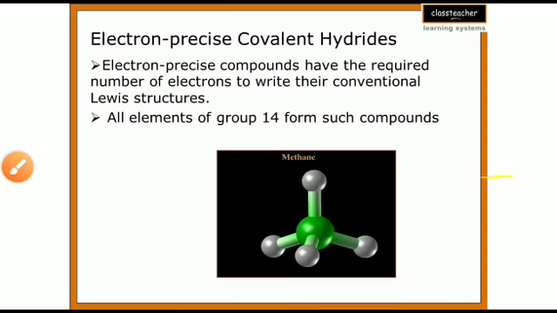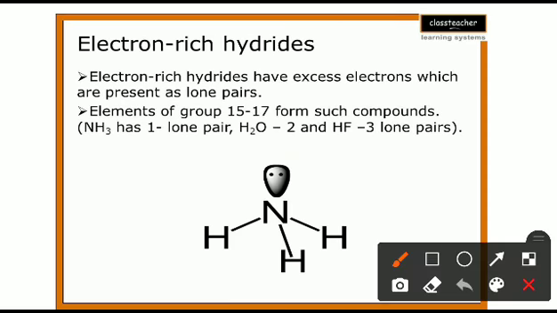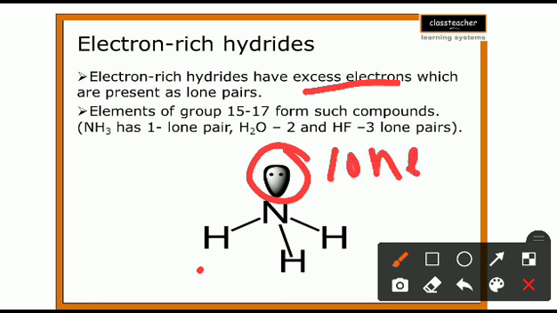Okay, the next one is electron rich hydrides. That means electron rich hydrides have excess electrons which are present as lone pairs. Elements of group 15 to 17 form such compounds. In the case of ammonia, the nitrogen is combined with 3 hydrogen, and nitrogen contains one extra lone pair of electrons.